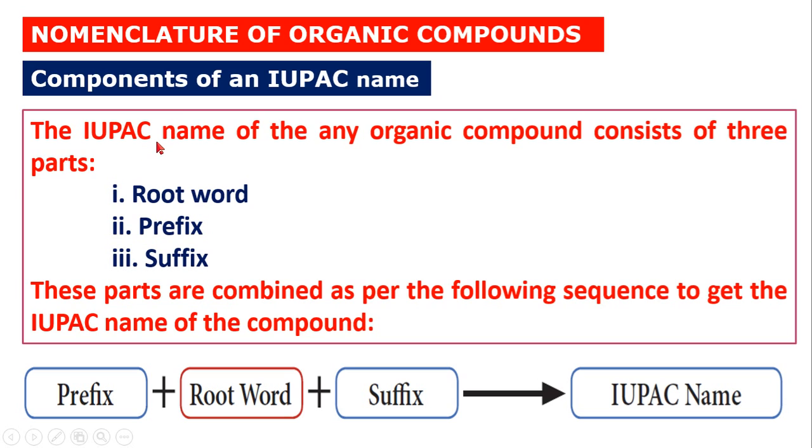The IUPAC name of any organic compound consists of three parts: root word, prefix, suffix. These parts are combined as per the following sequence to get the IUPAC name of the compound. Here, prefix plus root word plus suffix, they combine to give the IUPAC name of the compound.